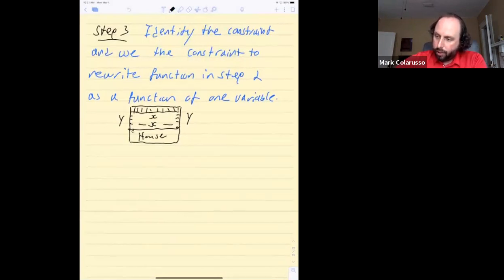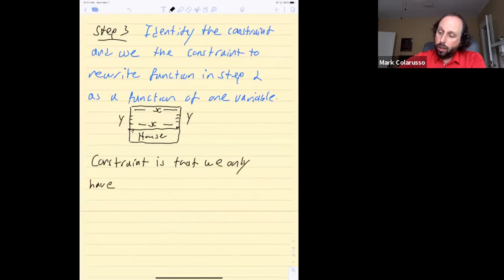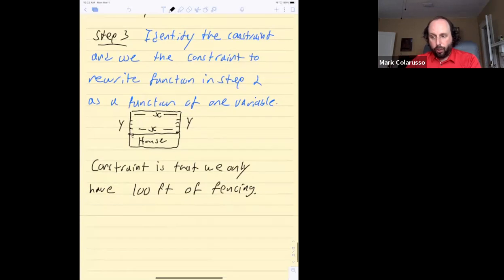So this length is x. Okay, so I can clean that up here. So the constraint is, you only have 100 feet of fencing. So what does that mean in terms of relating the variables x and y? How much fencing do we have?